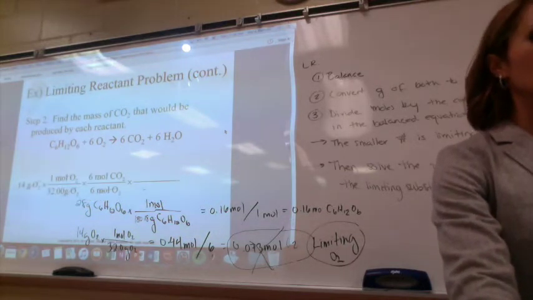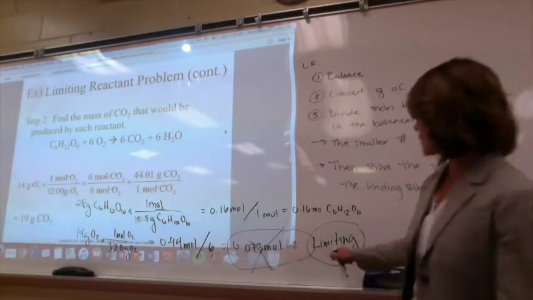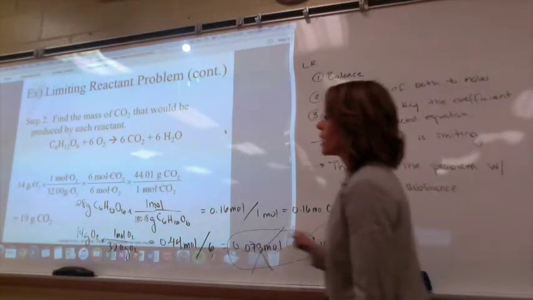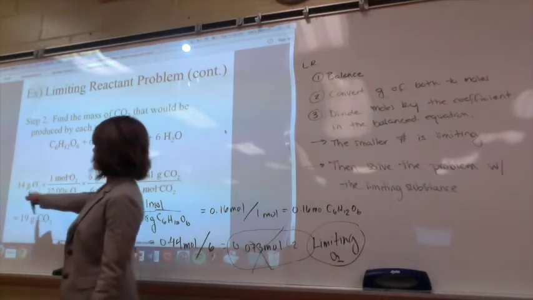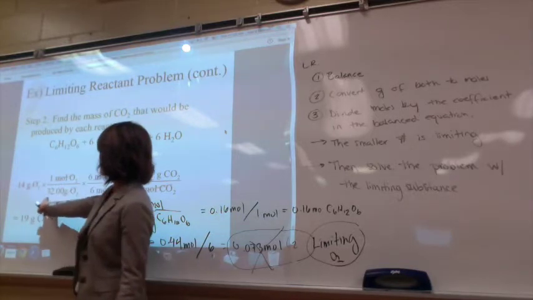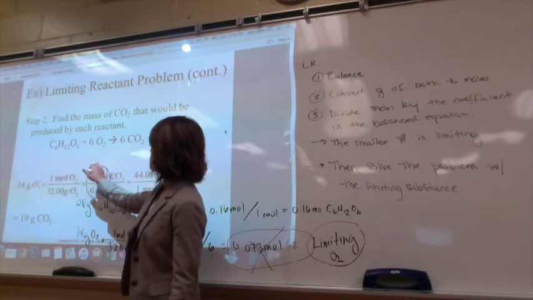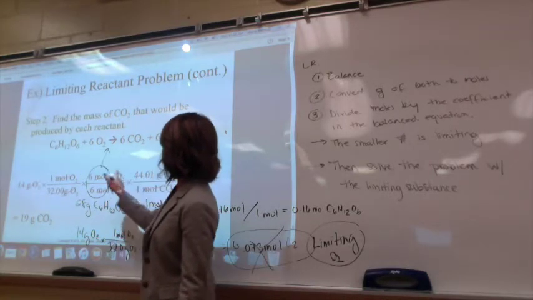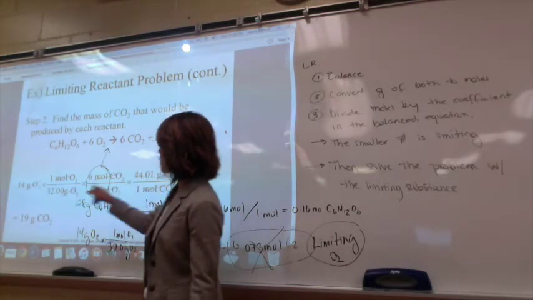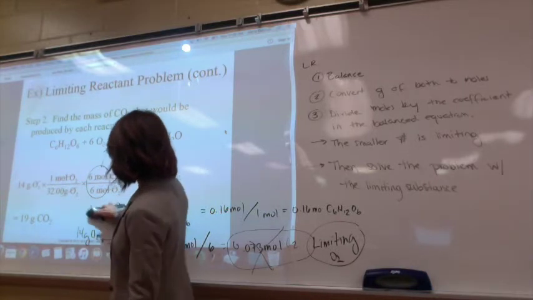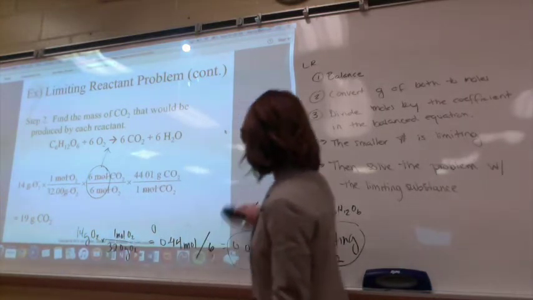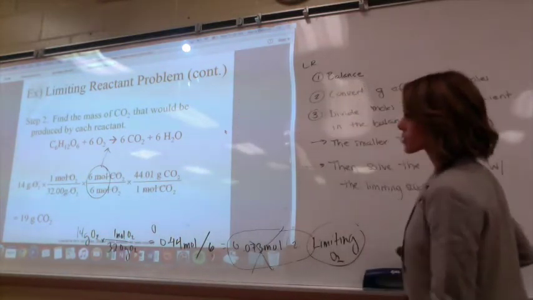But since you did do this with me and you recognize that the limiting was O2, then this is the only piece that you would have done. You would have just done 14 grams of O2, you would have done the stoichiometry, and this comes from the mole-to-mole ratio from your balanced chemical equation, times the molar mass, and you would have gotten 19 grams. So you wouldn't have had to do any of the other math to find that answer.